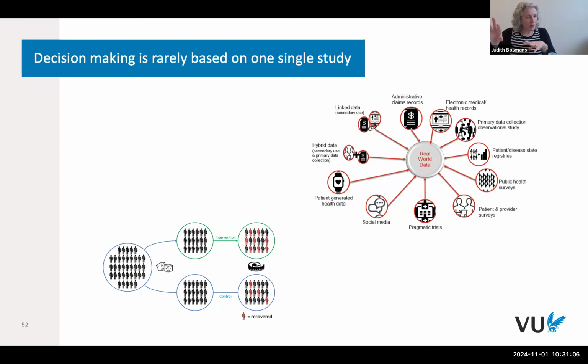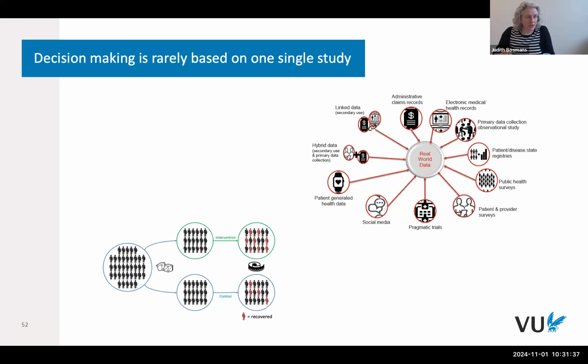We have all kinds of data about the real world implementation of that intervention, and then we can analyze the cost effectiveness of the intervention in actual clinical practice. So often it's an ongoing process, right? It's a life cycle. We have data, we collect more data in actual clinical practice, and we get more and more evidence about the cost effectiveness of the new intervention.